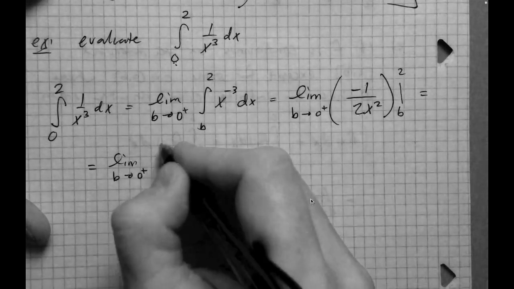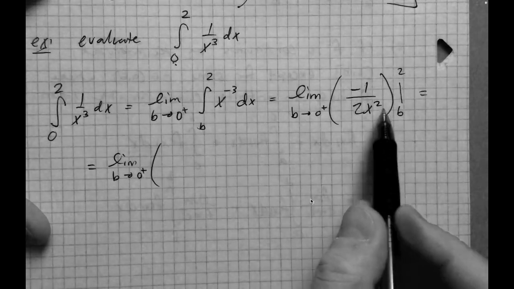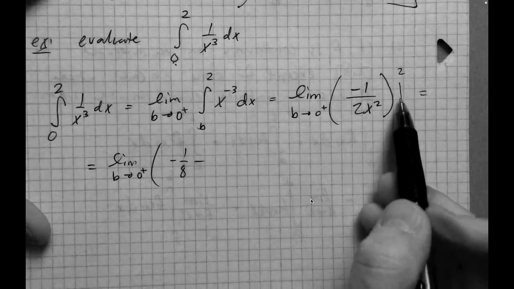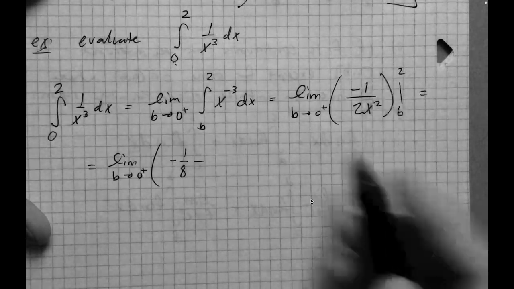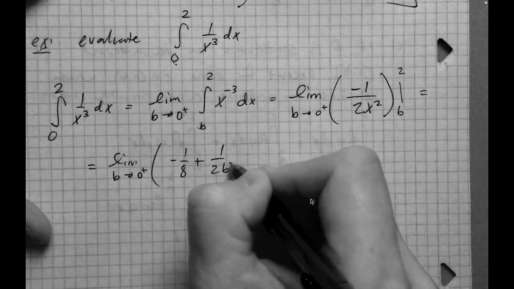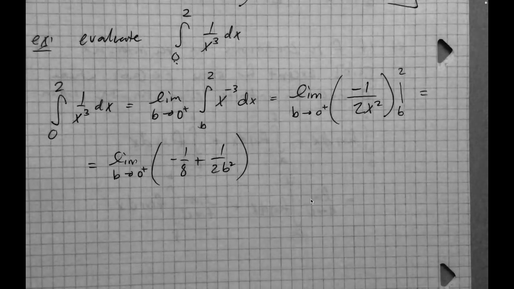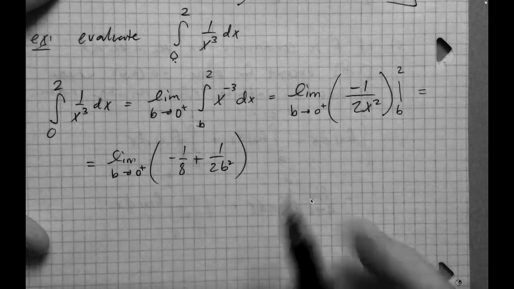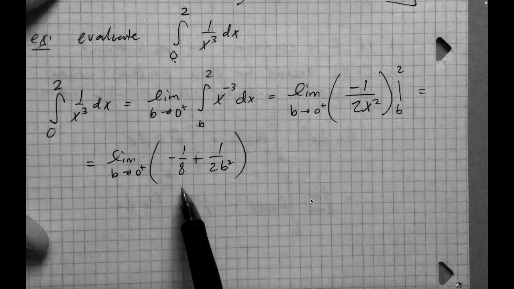And what do we get here? We get negative 1/8 minus negative 1 over 2b squared. All right, very good. Now what happens here? Well, the negative 1/8 is going to be negative 1/8.